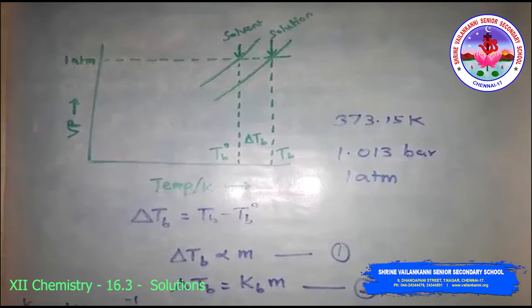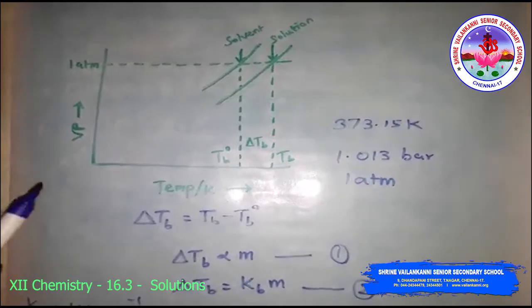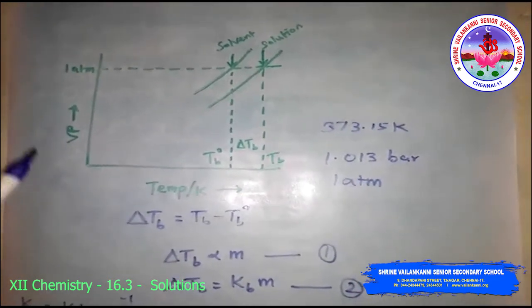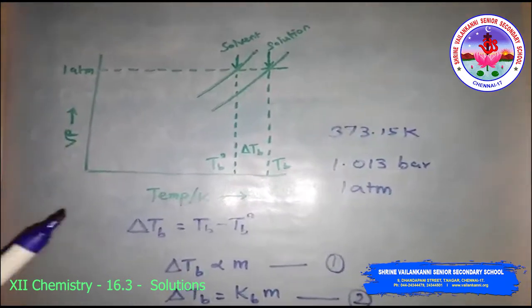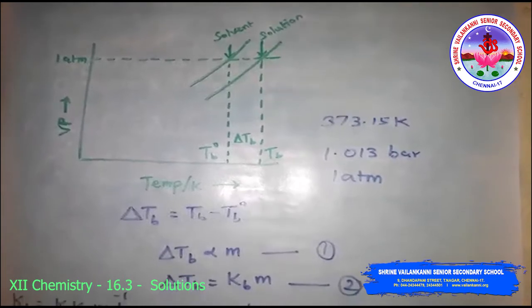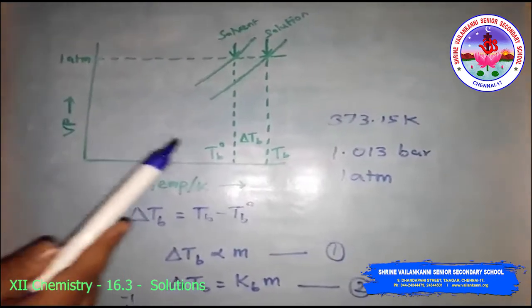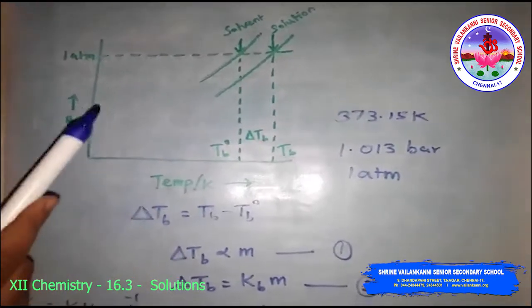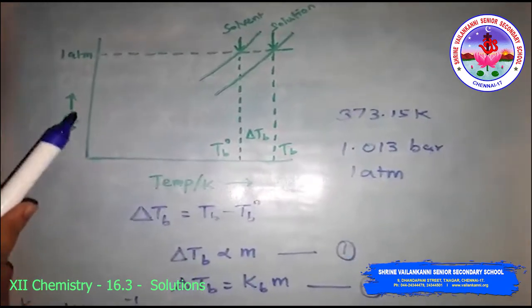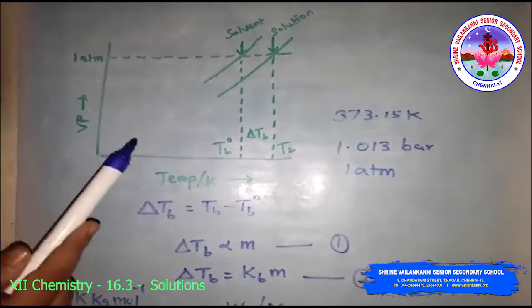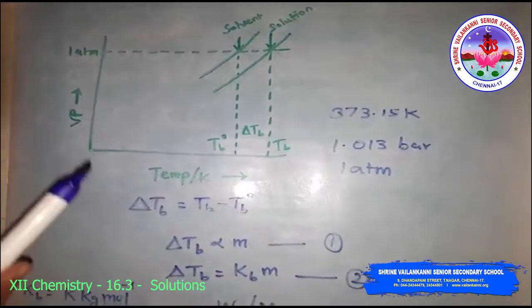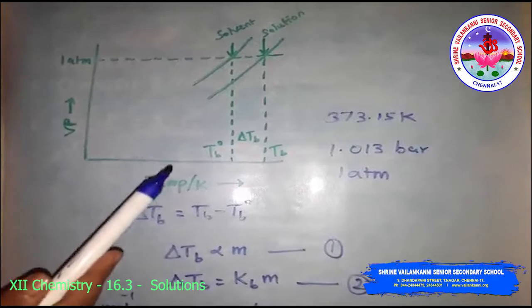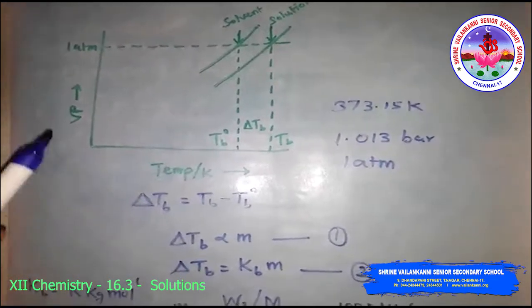For example, the vapor pressure of an aqueous solution of sucrose is less than 1 bar, that is 1 atmosphere pressure, or 1.013 bar, at 373.15 Kelvin. In order to make the solution boil, its vapor pressure must be increased to 1.013 bar by raising the temperature above the boiling temperature of the pure solvent, that is the water.